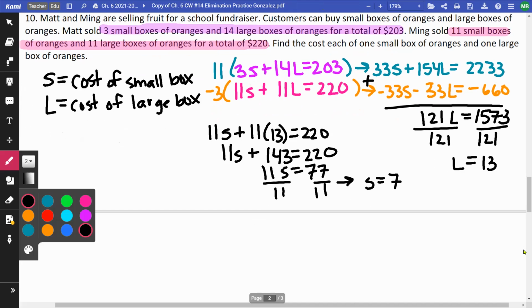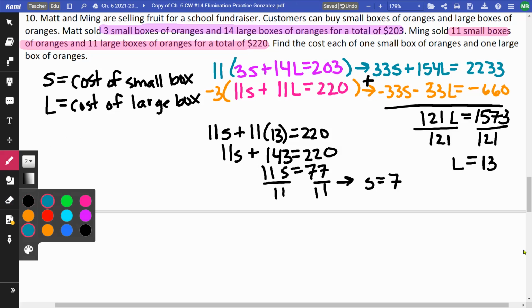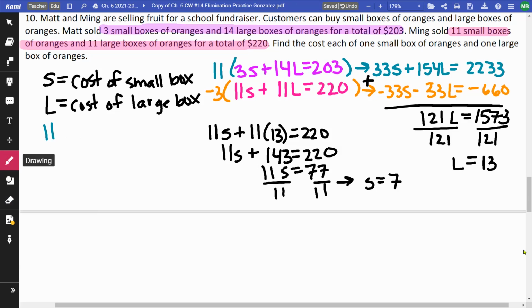And then I am going to put that into, I think, the bottom one. So I'm going to go 11 times 7 plus 11L equals 220.